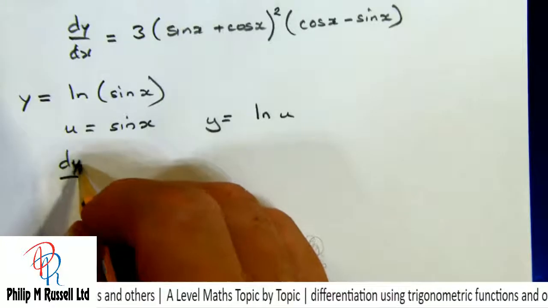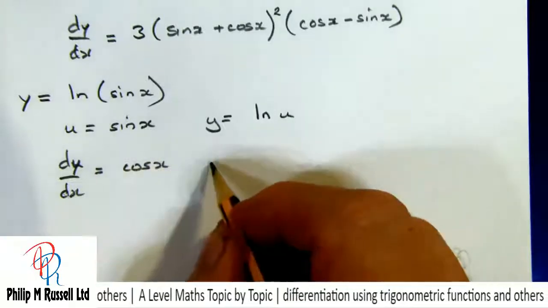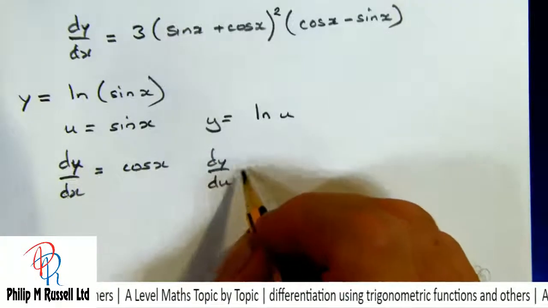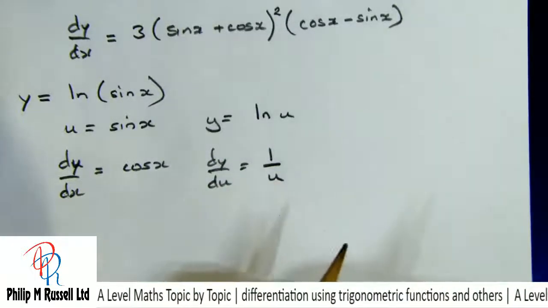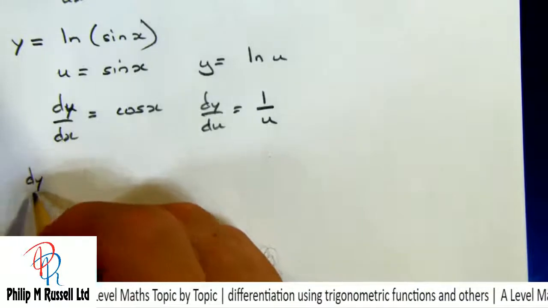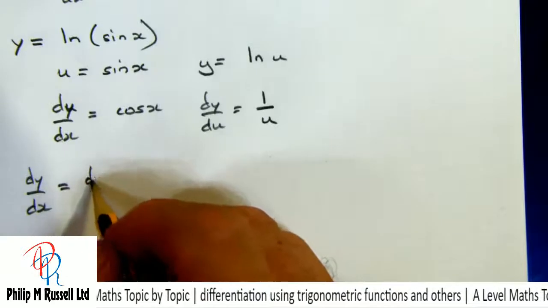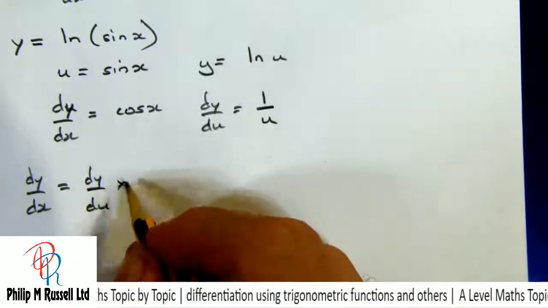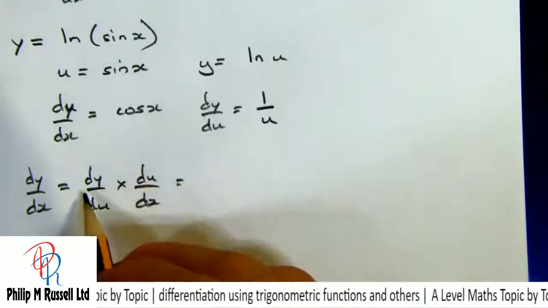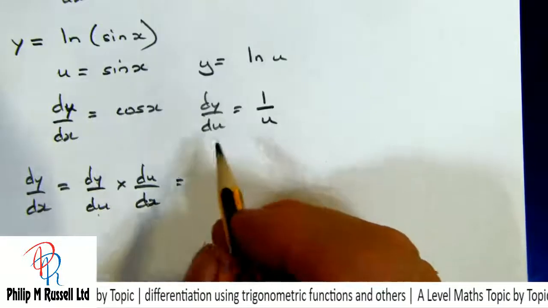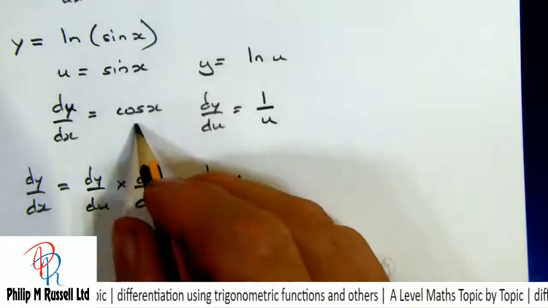So du by dx is simply going to be cos x, and dy by du is going to be 1 over u. We know from the chain rule that dy by dx, and this is what students don't like, writing all this out, is dy by du times du by dx. So dy by du is simply going to be 1 over u times cos x.